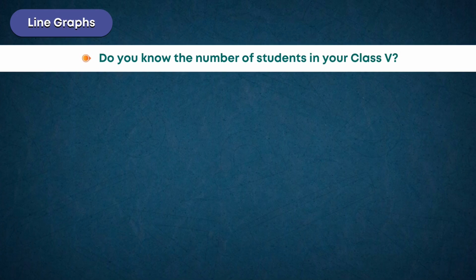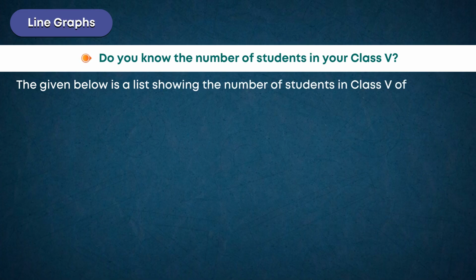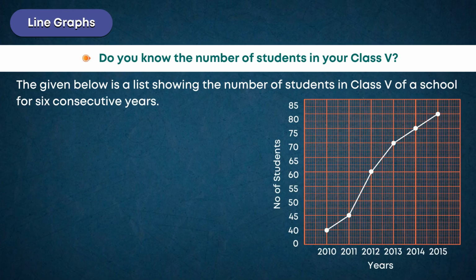Line graphs. Do you know the number of students in your class 5? Given below is a list showing the number of students in class 5 of a school for 6 consecutive years. In 2010, 40 students. In 2011, 45 students.